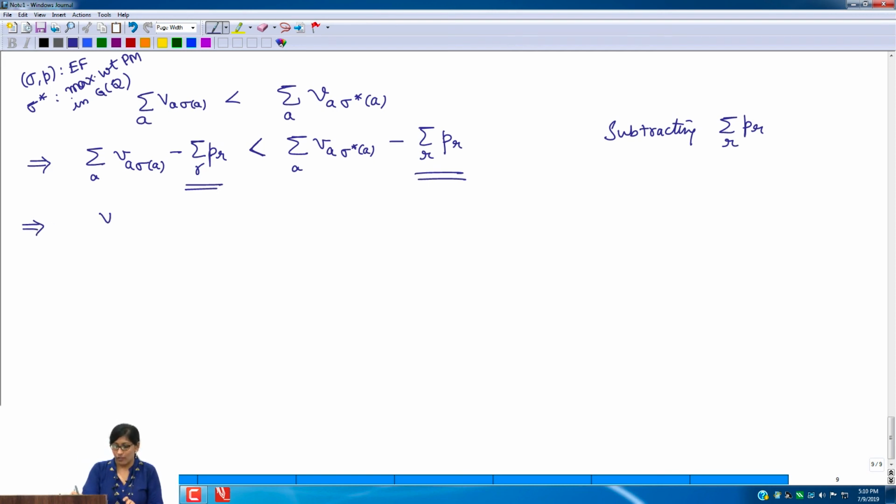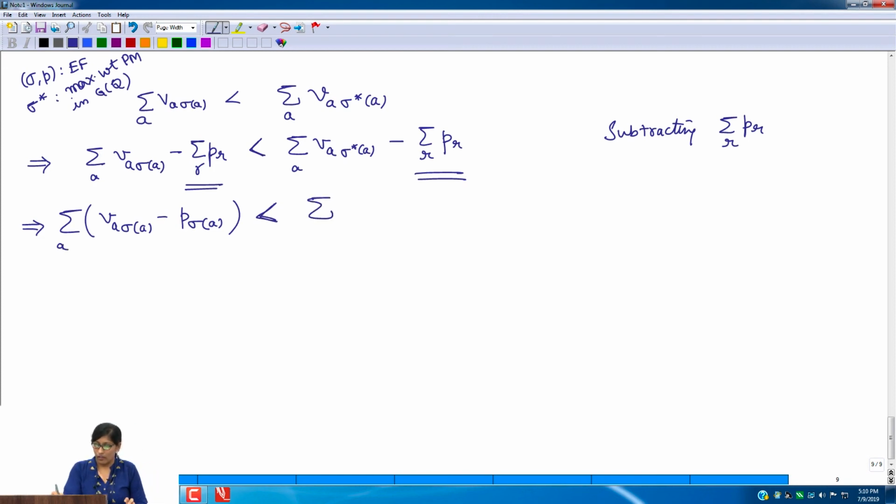I regroup the terms, and again strict inequality, and therefore sigma star A has price P of sigma star A.